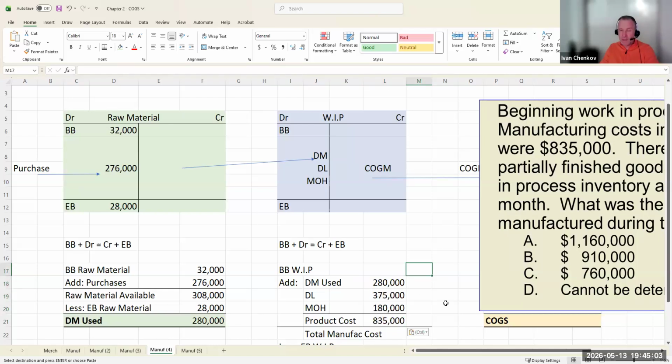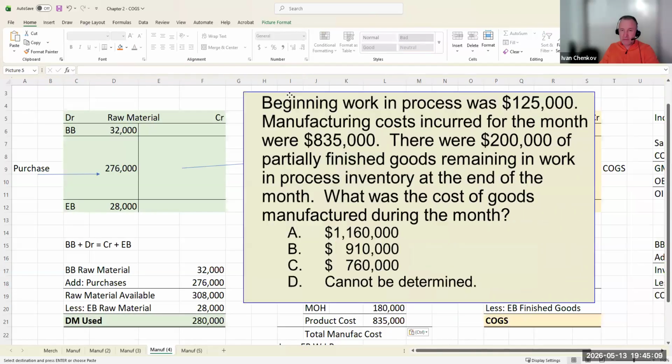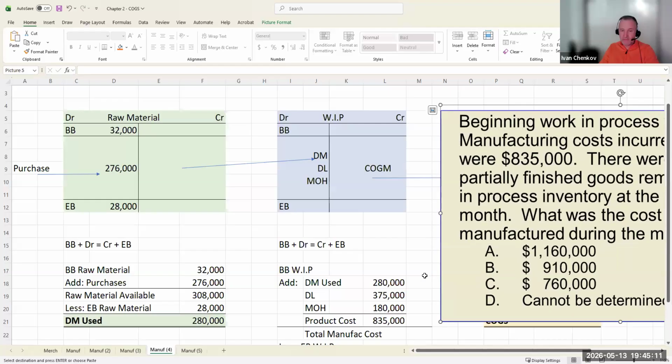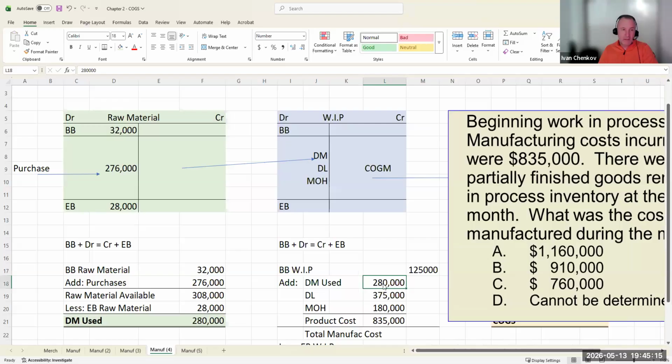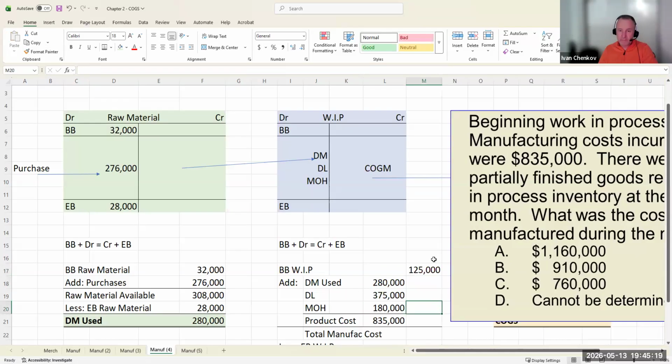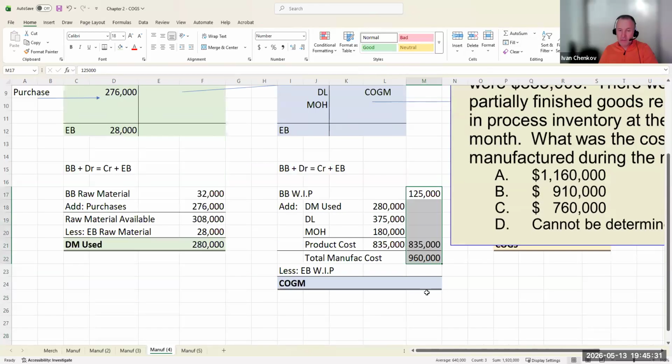What I have to add? I have to add the beginning balance, which for me is 125. And let's format this one to be the same. Now that 835, I can easily move it right here. And I can get total manufacturing cost will be that much.